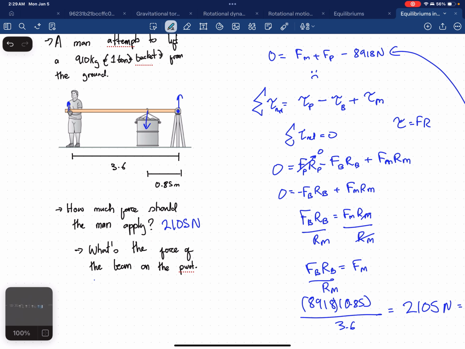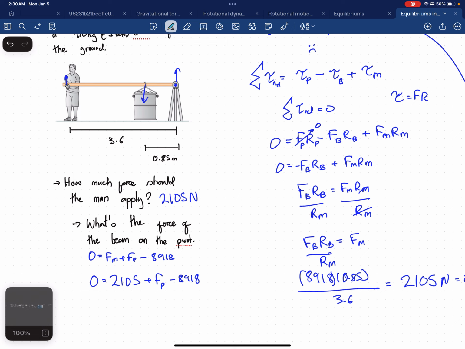So 0 is equal to F of M plus F of P minus 8918. F of man, I just calculated, is 2,105, plus F_P, F pivot, minus 8918.